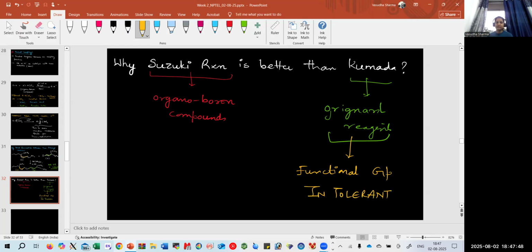So they cannot tolerate a lot of functional groups. Because of that, the Kumada coupling becomes restrictive towards certain substrates.